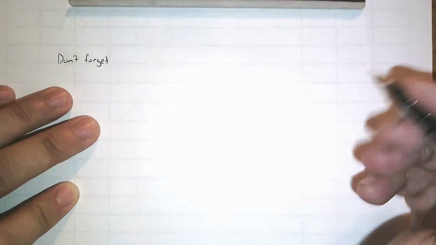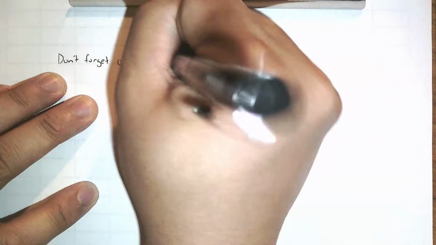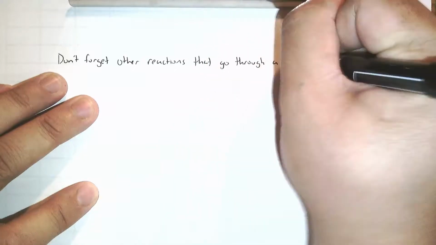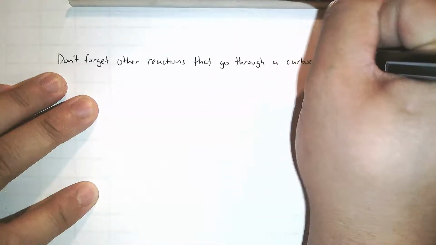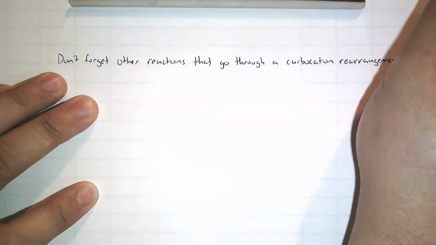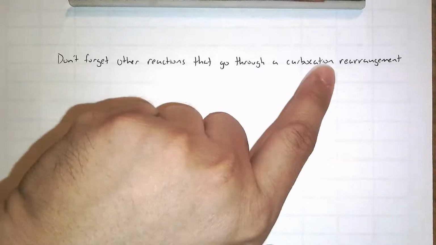So here's a reminder: don't forget, there are probably two reactions that you know that can possibly undergo a carbocation rearrangement.